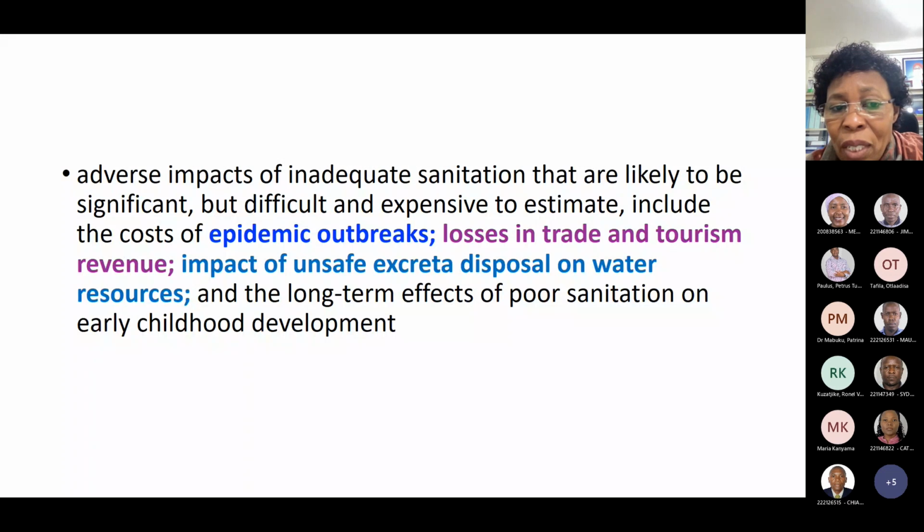So, dear participants, why am I bringing all this to your attention? It is for us to acknowledge why it is important to have good water and sanitation governance in place to avoid what we are seeing now. Of course, I fully understand governance in itself is not a cure or the only variable that can change the situation.